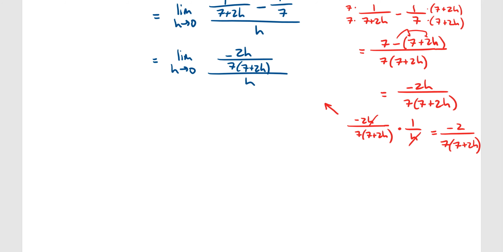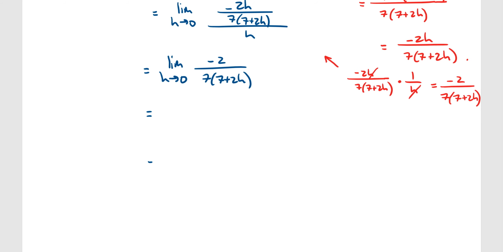That is nice because now we can actually plug in 0. Let's just rewrite it. We have the limit as h approaches 0 of negative 2 over 7 times 7 plus 2h. We plug in 0 now, and that gives us negative 2 over 7 times 7 plus 2 times 0.